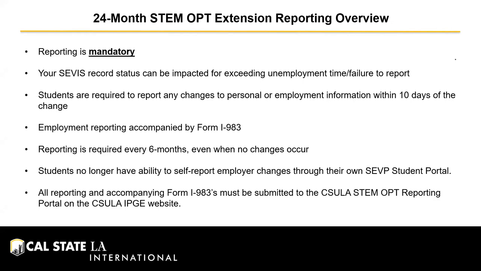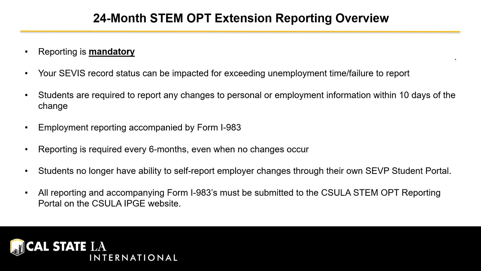So just moving forward for your 24-month STEM OPT extension period, the Form I-983 is part of your reporting requirements. Also, reporting is required every 6 months, even when no changes occur. So at the start of your STEM OPT period, just count 6 months from that date. Moving forward, every 6 months, you should be reporting even when no changes occur.